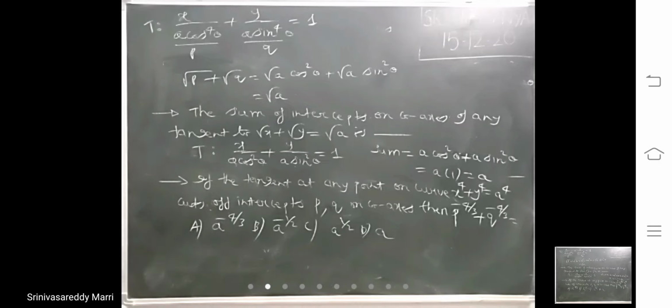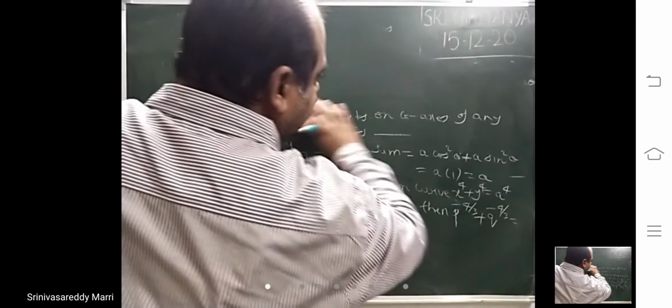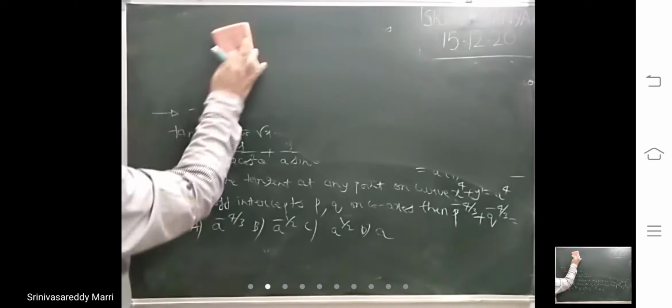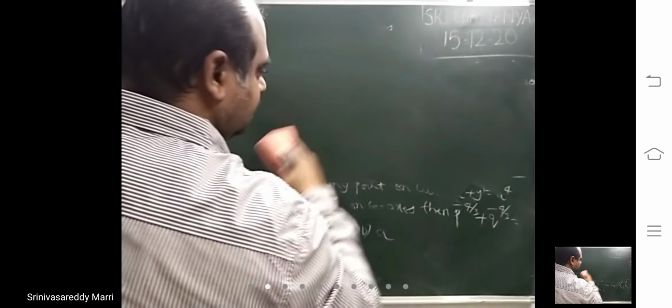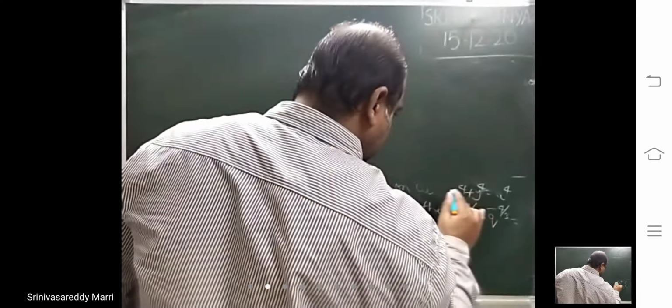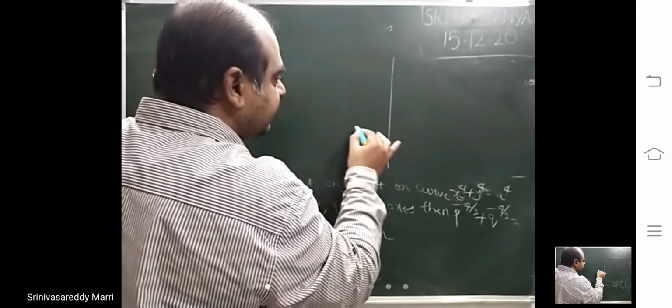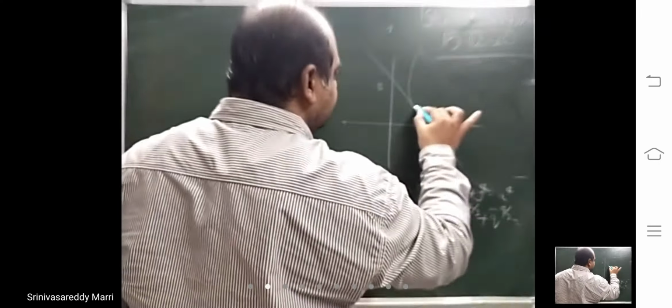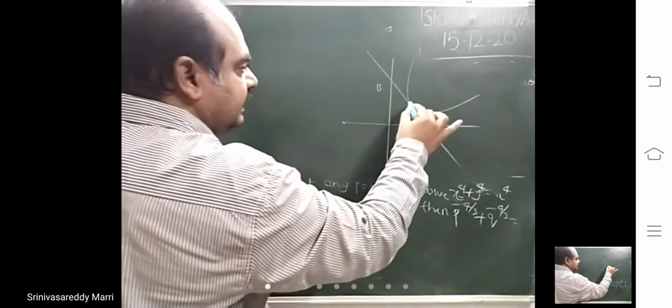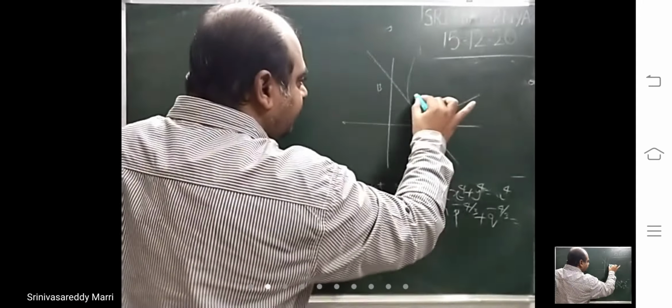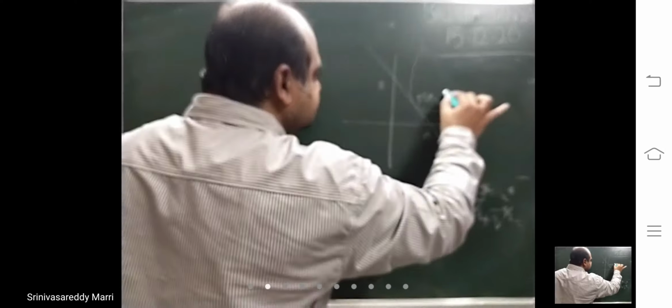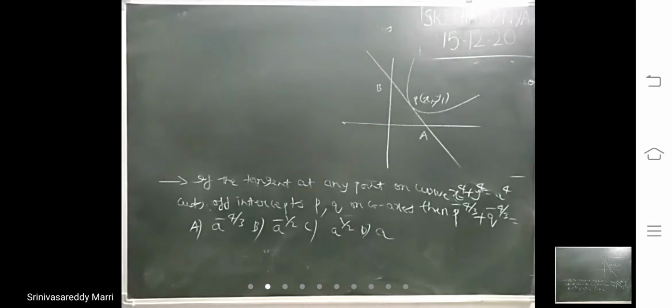Generally we will solve this without taking any shortcut. Look at the curve, you take a tangent intersecting, let us say at A and B, drawn at some point x1, y1.